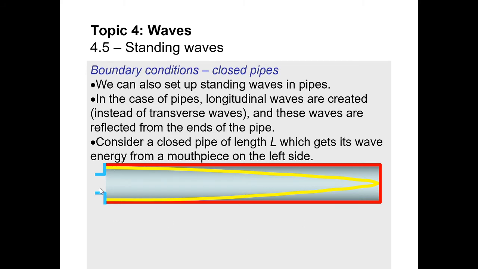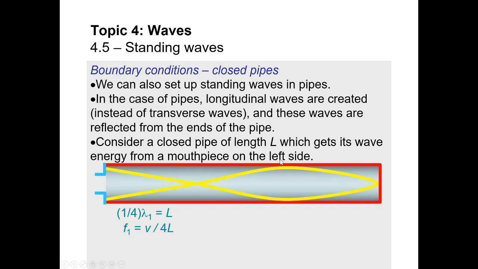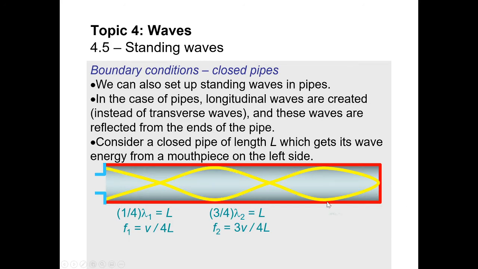Okay, so again, here I have an antinode here at the open end and a node at the closed end. So I have 1/4 of a wavelength. That's the smallest configuration that I could possibly make. The calculations here are exactly the ones I've shown you. Here's the next possible configuration, node here, antinode here. And the last possible configuration, well, if you just want to go to F3, of course this can continue indefinitely.